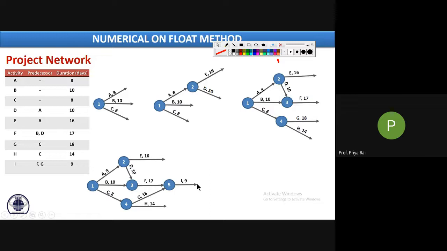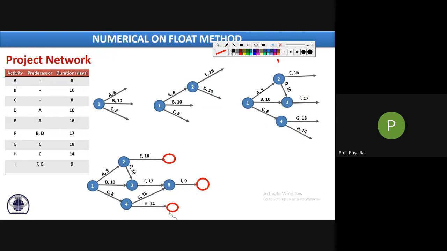Now tell me, is this your final diagram? No, ma'am. No, because the arrow should not be in this position. There must be an event; it should be finished by an event like this. Again, this is also not correct. Why? Because there are three head events.